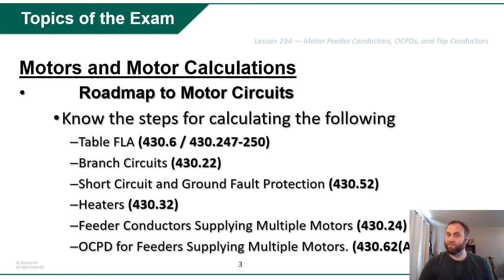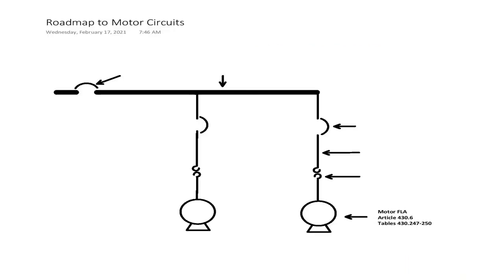Let's look at the roadmap for motors together and walk through each step just so you have a quick review of motor calculation. We start with our motor FLA, or the table FLA, found in code article 430.6 and in tables 430.247 through 250, depending on the style of motor, whether it's DC, single phase AC, or three phase AC, or polyphase as they like to put it in the code book.